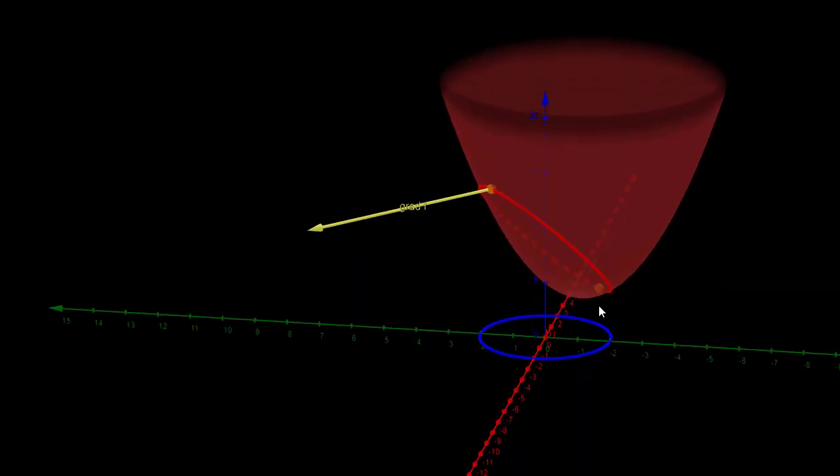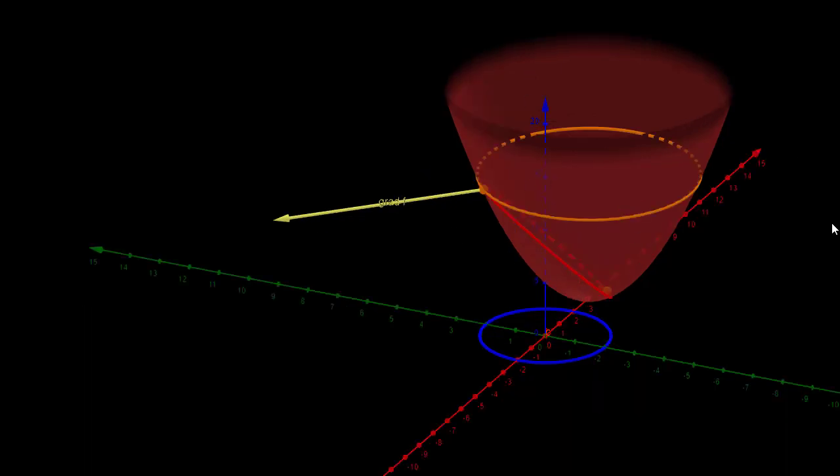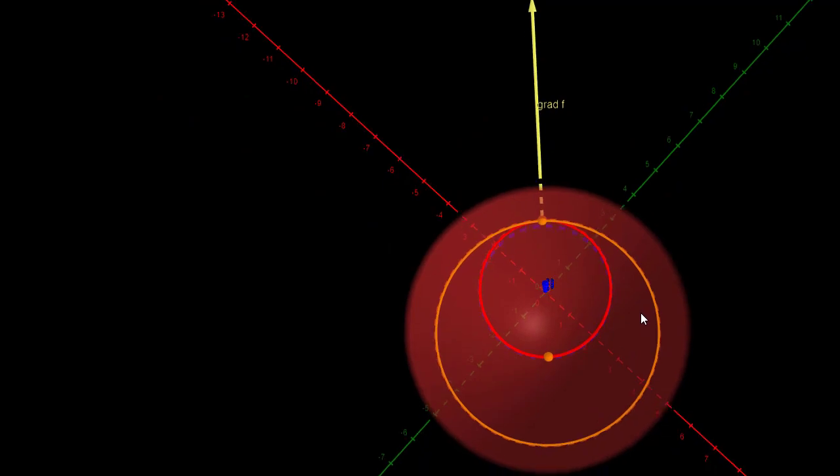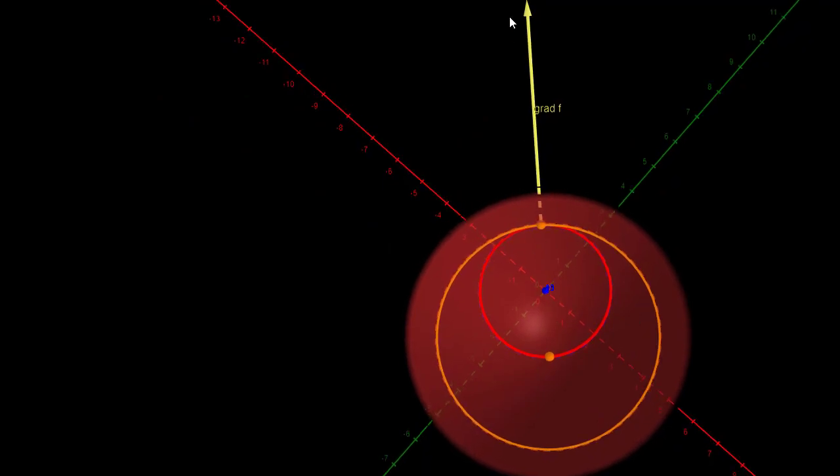So actually, let me put the level curve of this surface here. Here's the level curve at this height. And of course, the gradient is perpendicular when we look at it from above. It's perpendicular to this level curve.